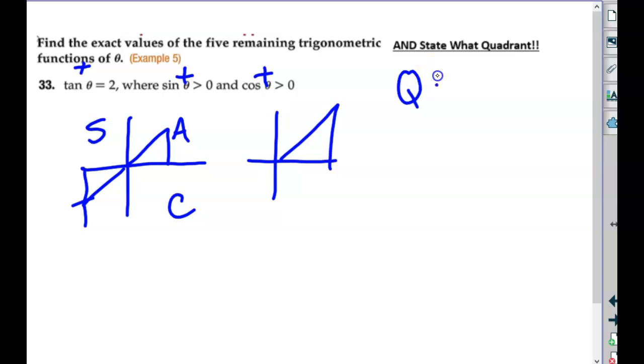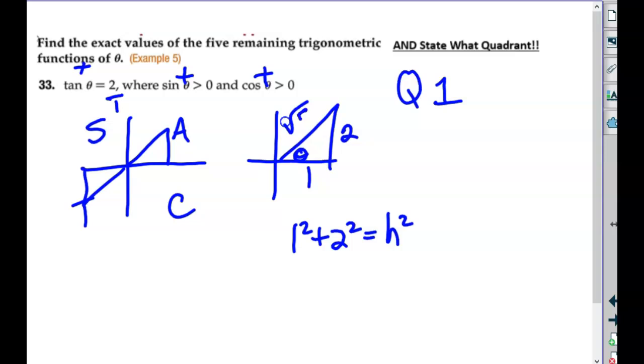It will ask what quadrant you are in, and you can write either a Roman numeral 1 or the number 1, I don't care. And then the tangent is 2, means from this angle, tangent is 2 over 1 or opposite over adjacent. If we do Pythagorean theorem, what are we going to get? 1 squared plus 2 squared equals, not on a good day, square root of 5.